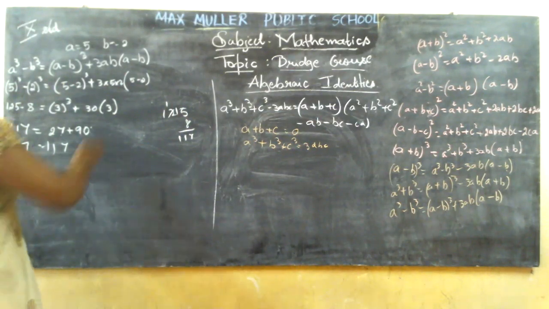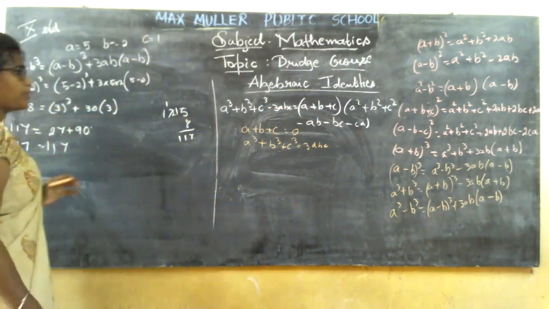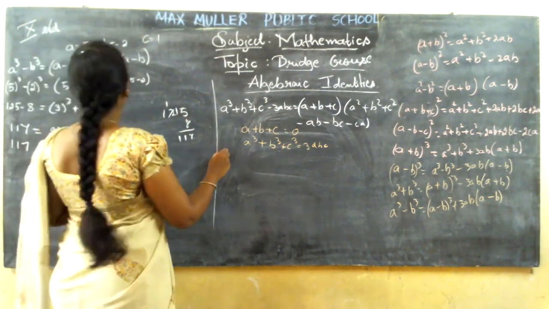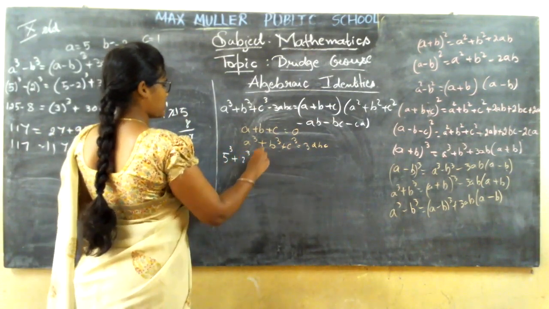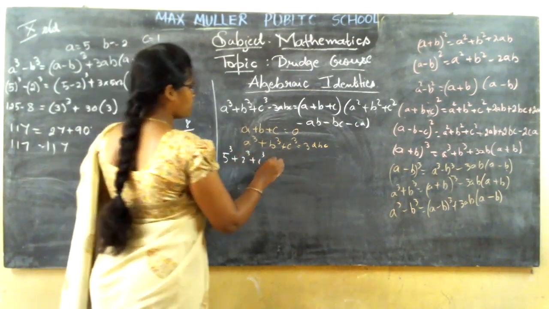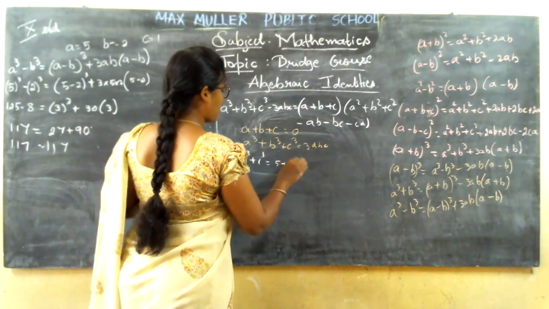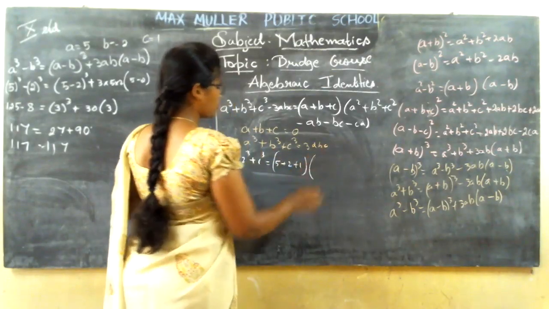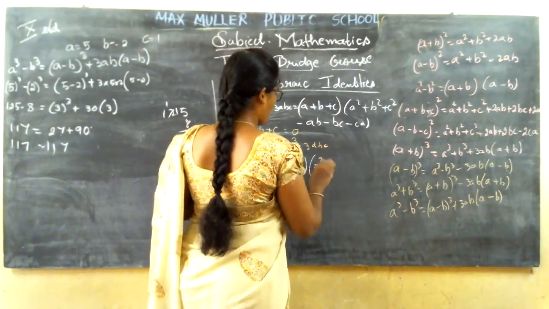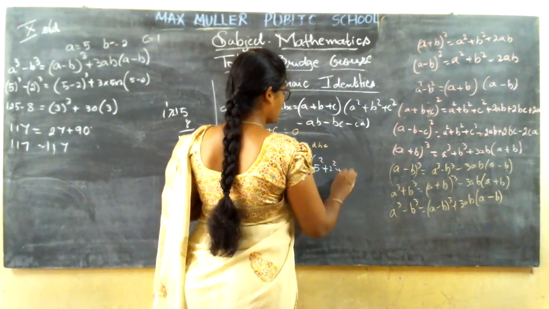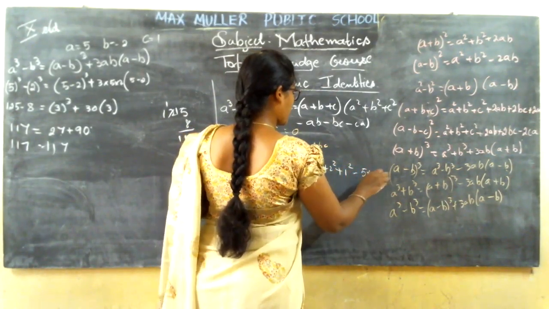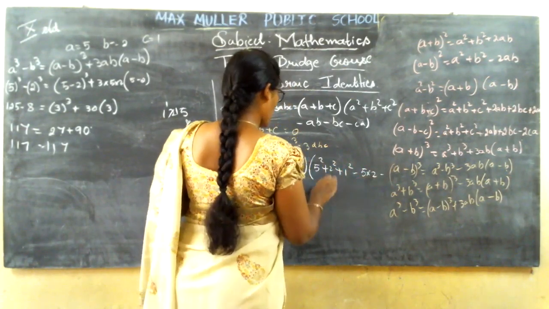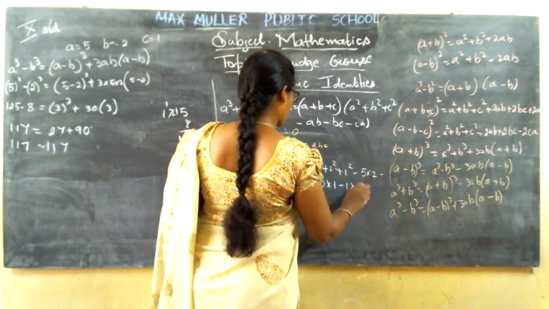Now we are going to solve this. Let me take c is equal to 1. So what is the formula you get? It is a cube plus b cube plus c cube is equal to a plus b plus c into a square plus b square plus c square minus ab minus bc minus ca.